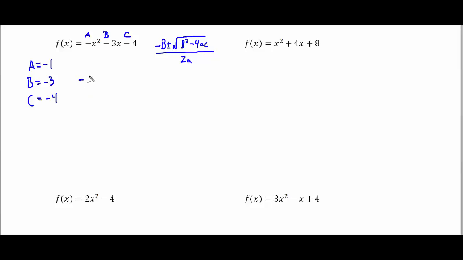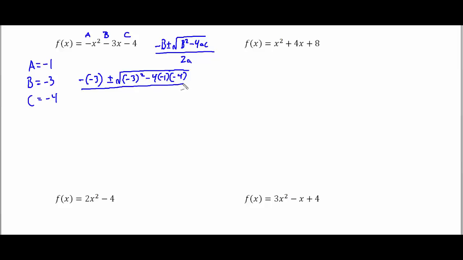For example, the negative b is negative 3 plus or minus the square root. And as good practice, always put your b, a, and c in parentheses, especially when typing this into a graphing calculator. That way, the negative signs get processed correctly, especially when it's being squared. And I've made several videos explaining why negative 3 squared with parentheses is different than negative 3 squared without parentheses.